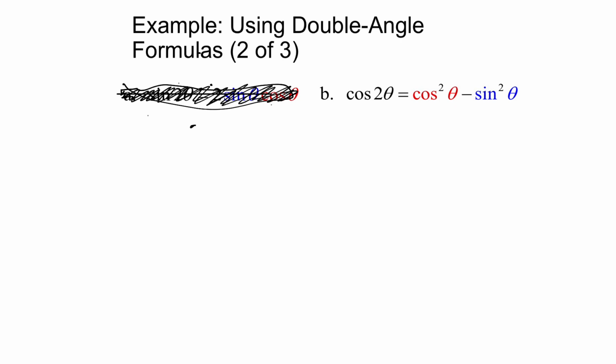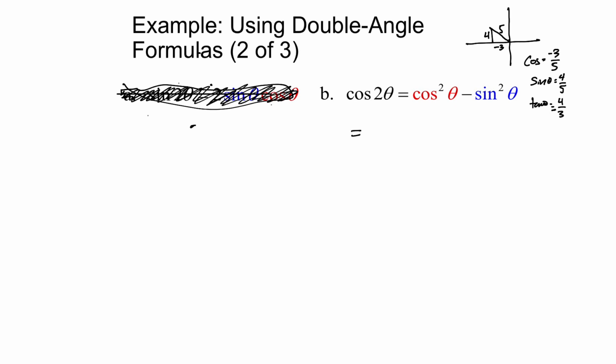Again, let's write down we're in the second quadrant. Cosine was negative 3/5, sine theta was 4/5, and tangent theta was 4/3, and that was negative.